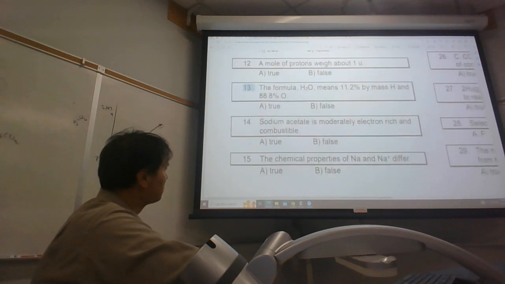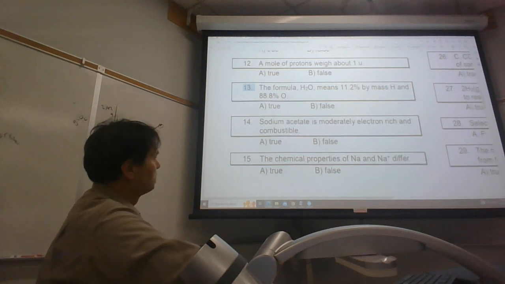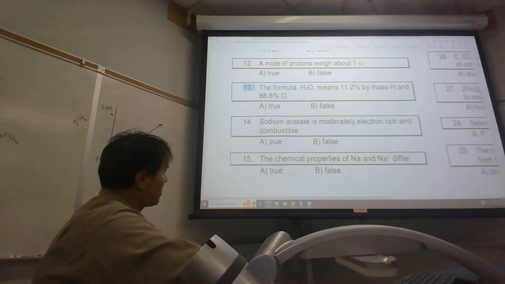14, I think it is combustible, but not electron rich. Well, it's moderately electron rich.